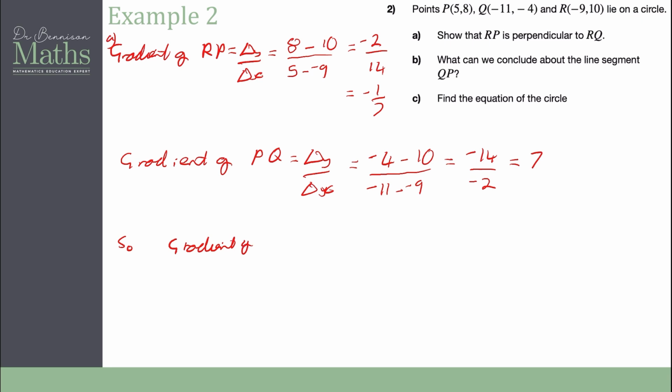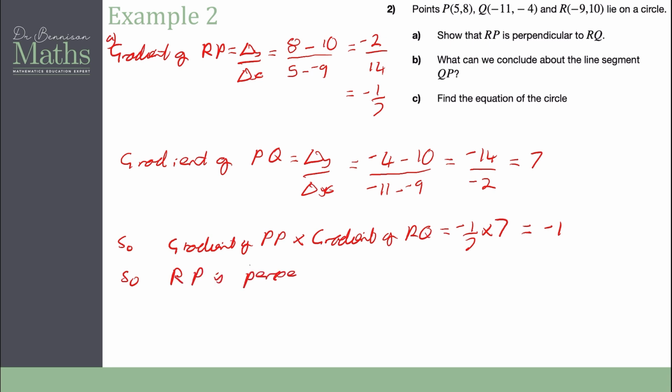The gradient of RP times by the gradient of RQ is minus 1 over 7 times 7, which is equal to -1. So RP is perpendicular to RQ.